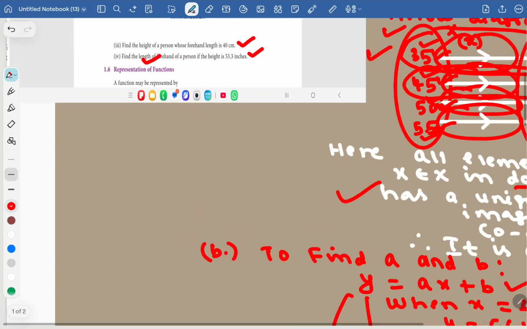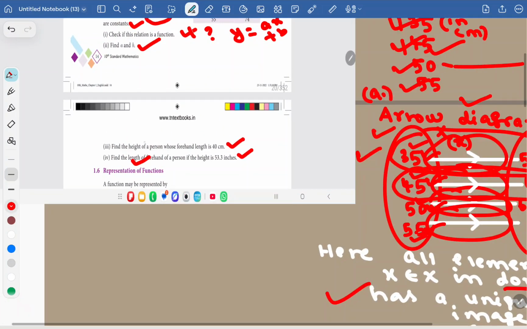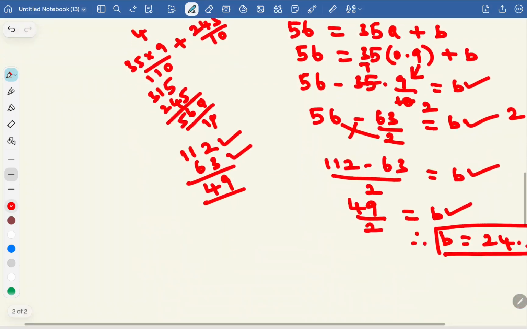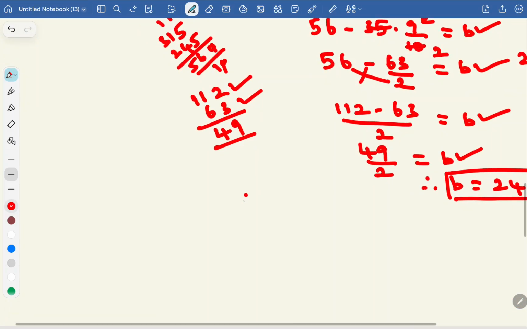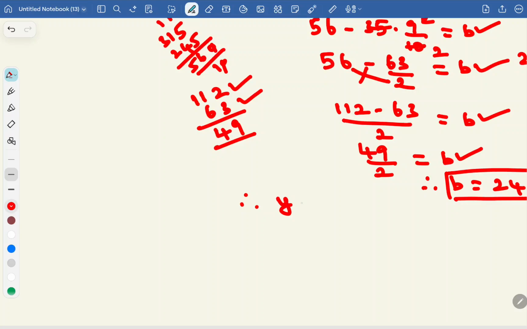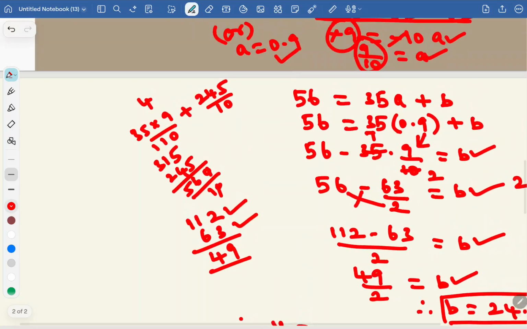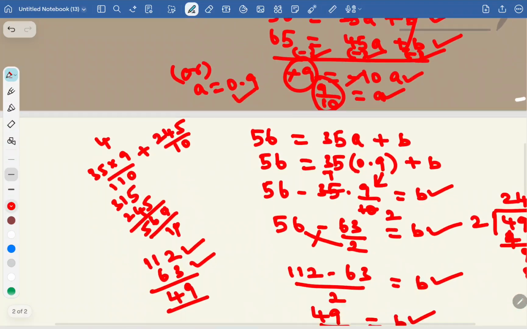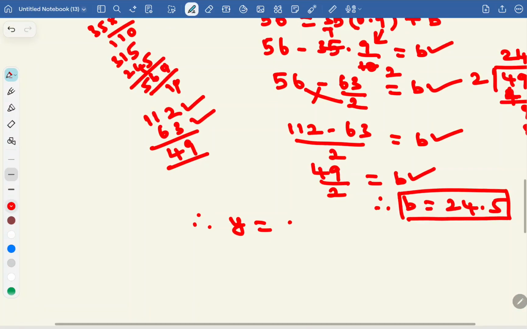Now I am going to discuss the third subdivision. Find the height of a person whose forearm length is 40 cm. Here the x value is given, and we have to find y. Therefore, y is ax plus b. What is a? 0.9.